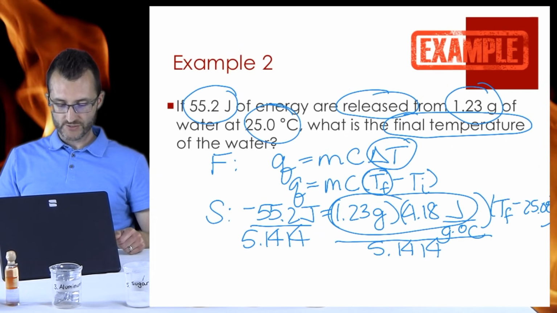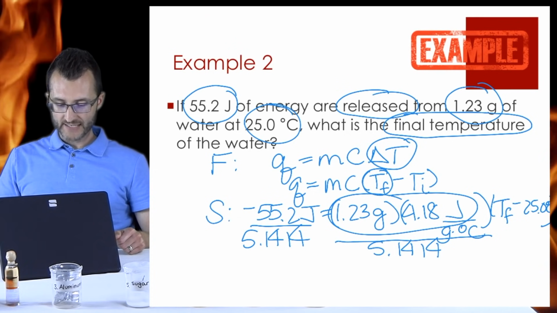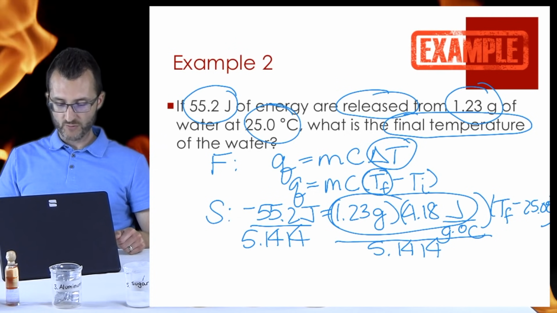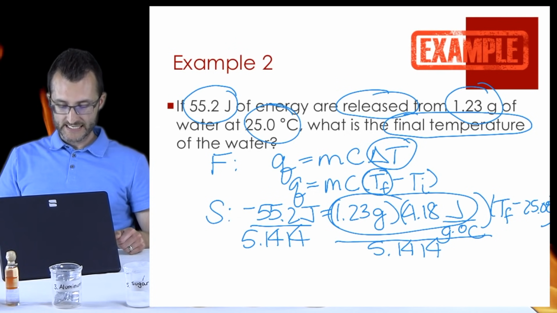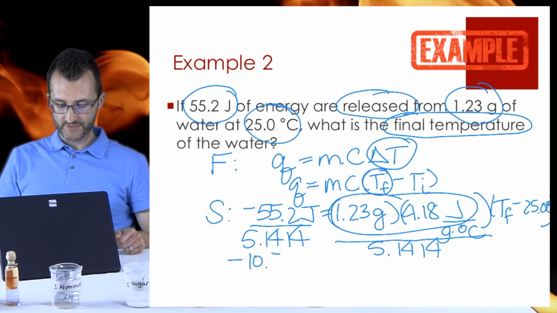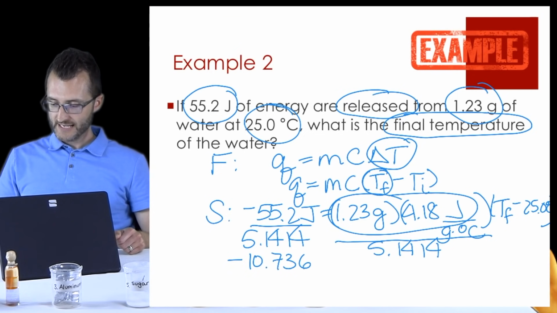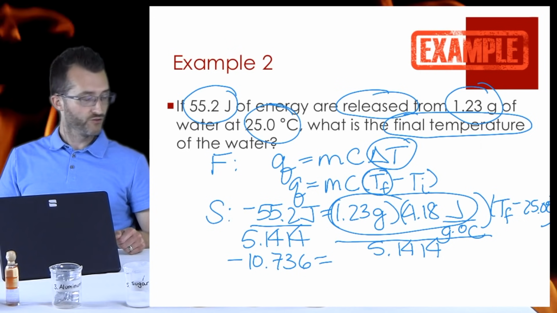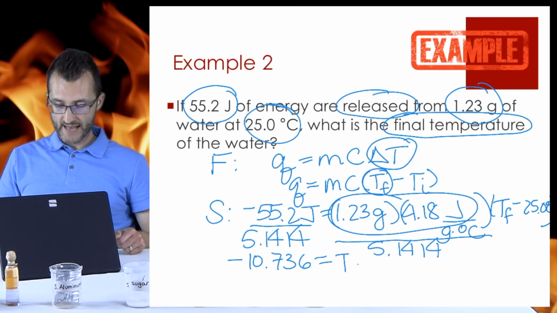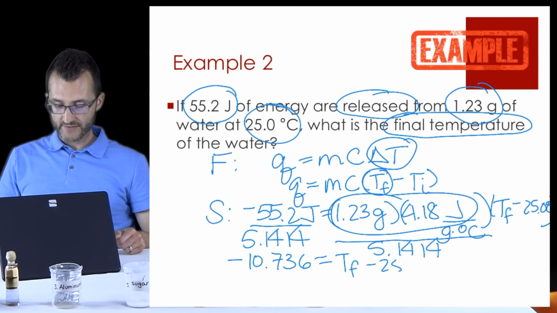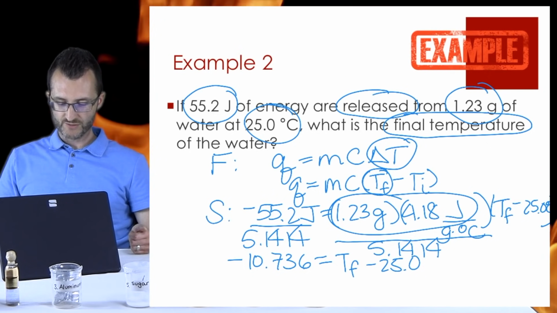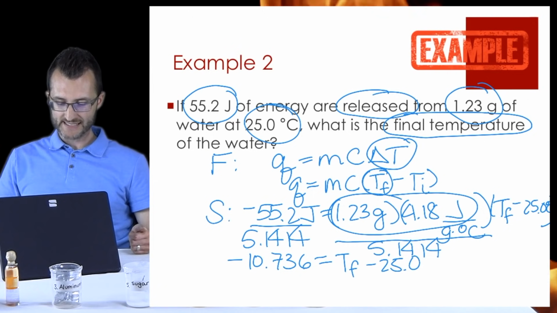Good. All right, so I'm going to divide the negative 55.2 by the 5.1414, and I get negative 10.736. And that's going to equal what's left over, which is the Tf minus the 25.0. Good. All right, so what do I do next? I want Tf by itself.